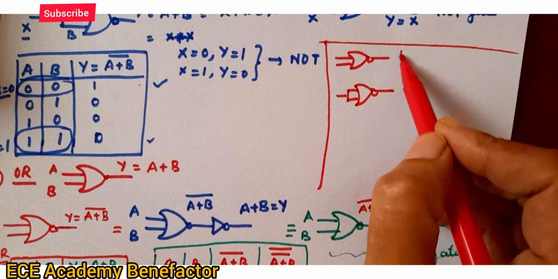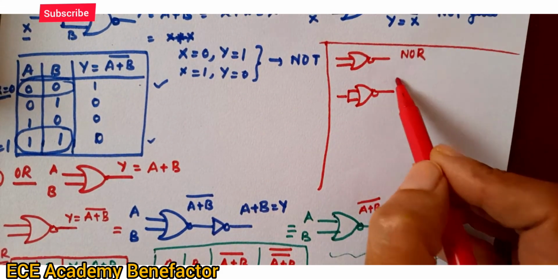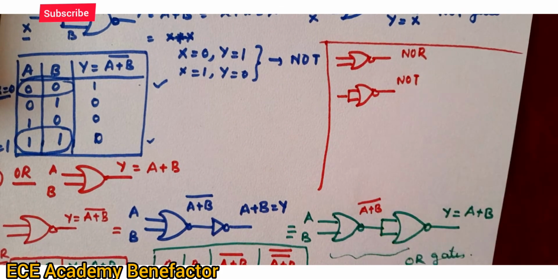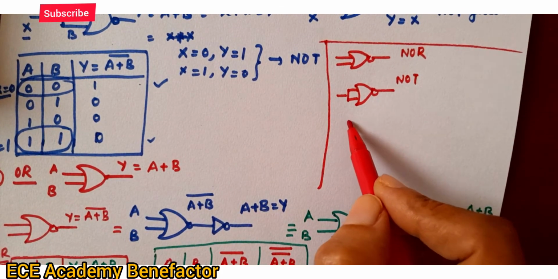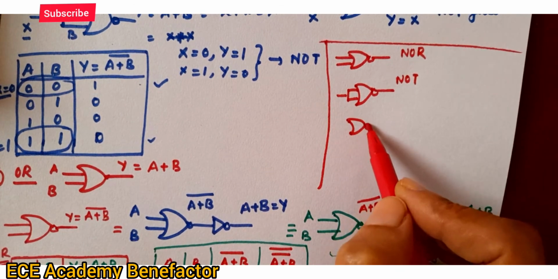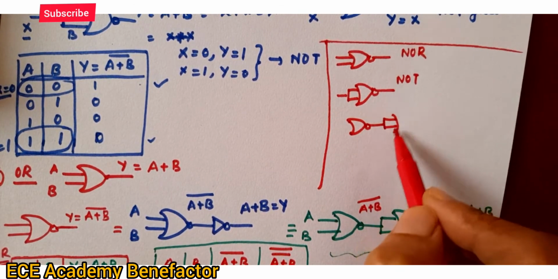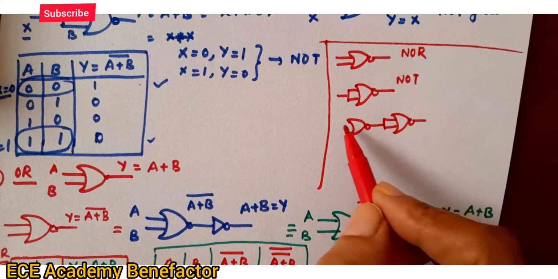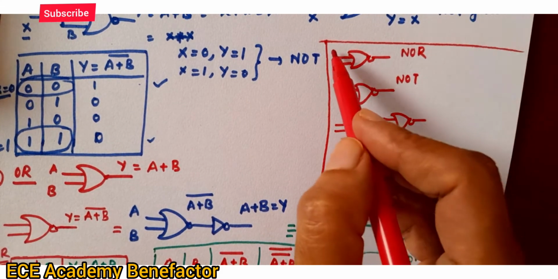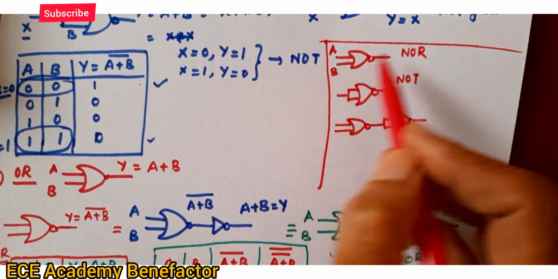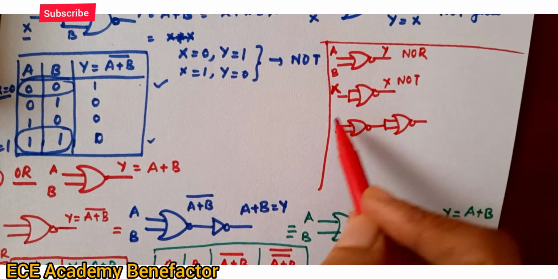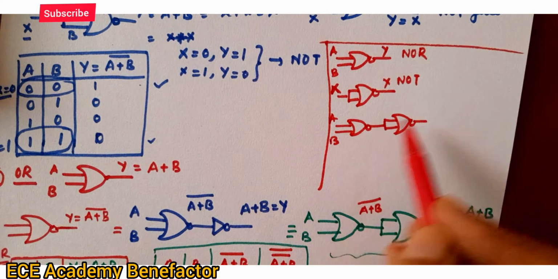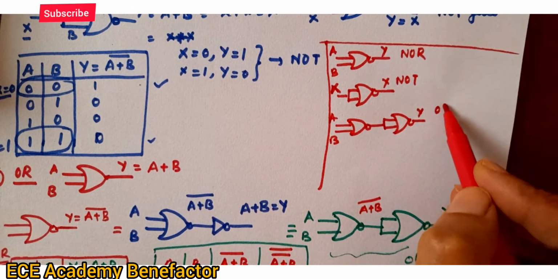So this is NOR, this is NOT. If you want to use it as an OR gate, before this NOR gate place one NOT gate. A, B, Y. This is an OR gate.